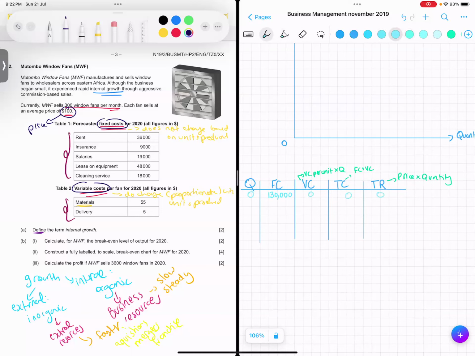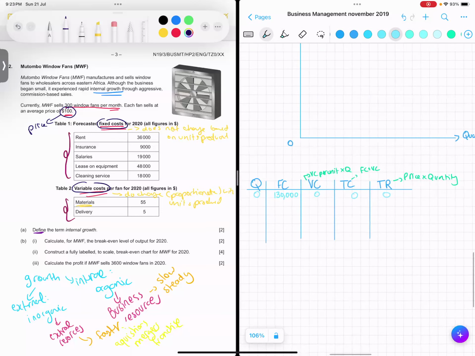Okay. And then for the quantity, I'm just gonna say something divisible by 3,250. I think that's just the neatest way. Okay, so I'm just gonna do like 600.